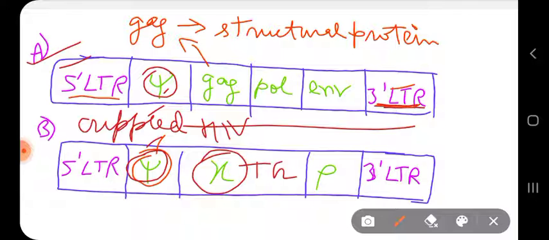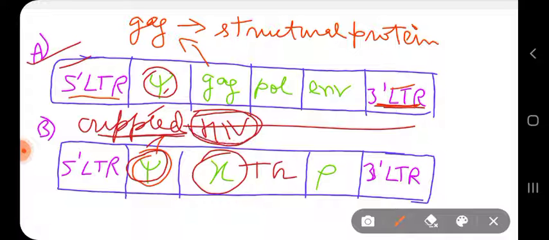Now there is an advantage of HIV virus as a vector. If you compare with other viruses, they are capable of gene transfer only in dividing cells, but HIV virus can also infect non-dividing cells as well. That's the main reason scientists are focusing on HIV virus.